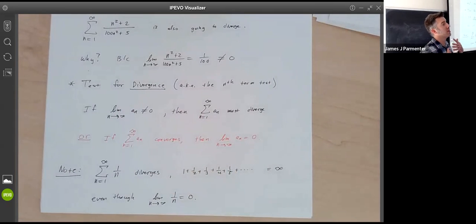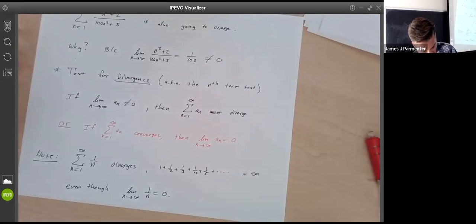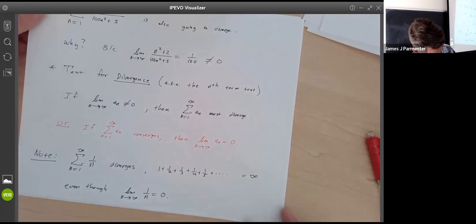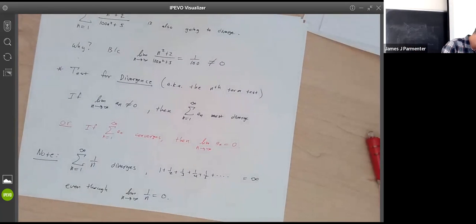It can only tell you if a series diverges. It can never tell you that the series converges. The reason I'm emphasizing this a lot is because I see many, many people over the years say, oh, it converges by the test for divergence. And really? It says test for divergence. So I want to help you avoid making that mistake because it's a common one that's easy to do. Let's look at some more examples.